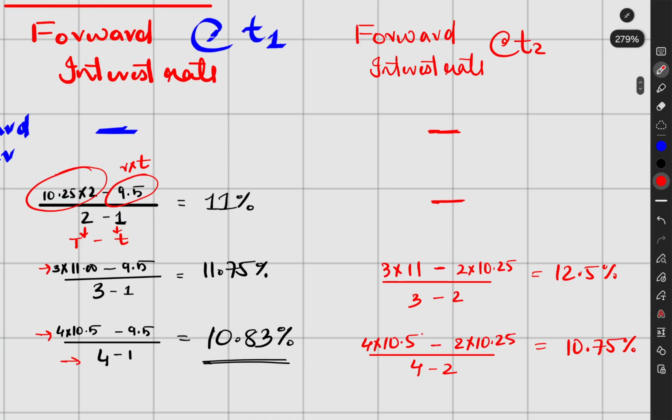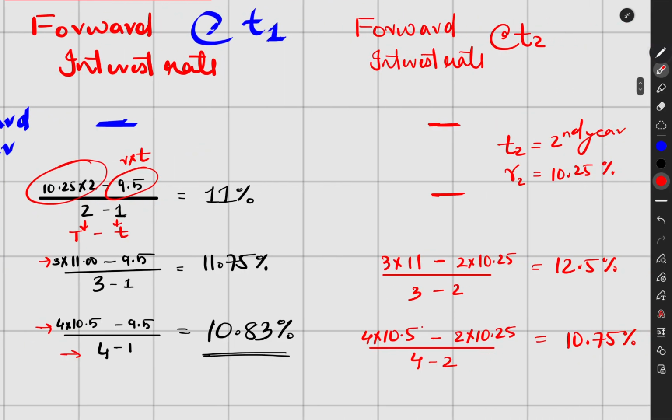Similarly, if I do it for T2, small r2 will be 10.25, that is the current expected yield. Then you can calculate for the next 1 year. T minus t gives us 1, so it is the forward interest rate at T2 expected for 1 year, and the same for this would be T2 to T4.